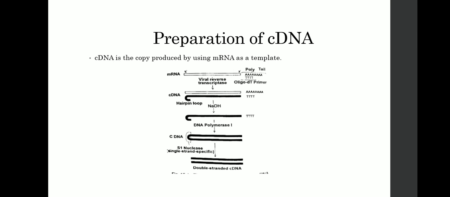In fact, any RNA molecule can be used to produce cDNA, either tRNA, ribosomal RNA, or all other RNAs. And this DNA copy of an RNA molecule is produced by the enzyme reverse transcriptase.